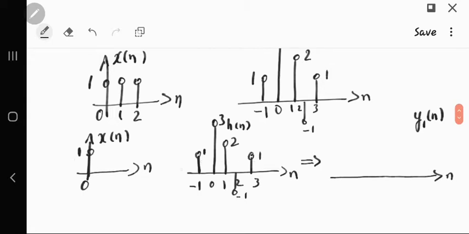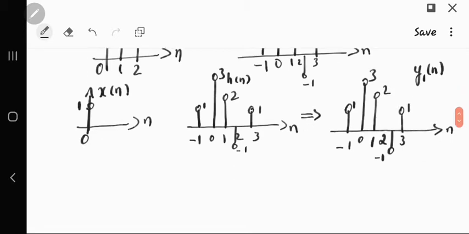At -1, 1 into 1 is 1 here, and at 0, 1 into 3, 3 here, and at 1, 1 into 2, 2 here, and at 2, 1 into -1, you will get -1 here, and at time index 3, 1 into 1, you will get 1. So, this is y1 of n.